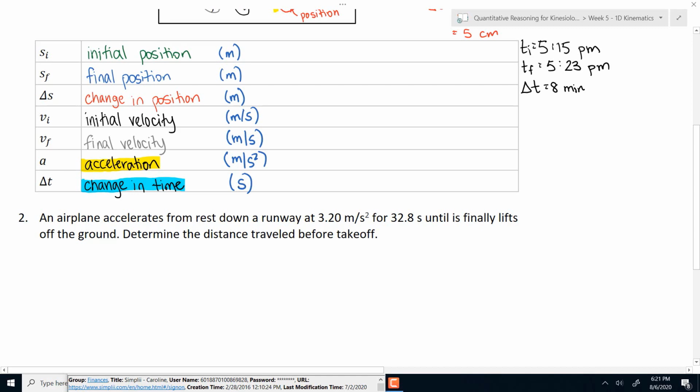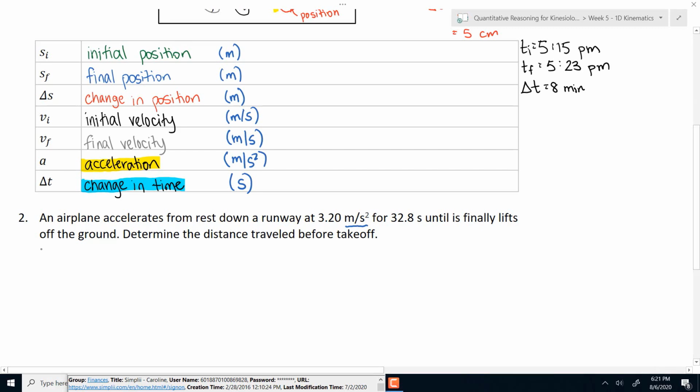It's really important that you know what the units are for each of these, because sometimes in a question, it won't tell you what the variable is representing, but you can figure it out by looking at the units. So when we look at question 2 and it tells us the airplane accelerates from rest down a runway at 3.2 meters per second squared, well, we can identify those units as being the units for acceleration.